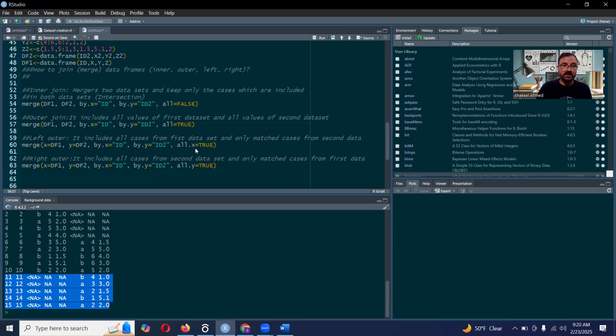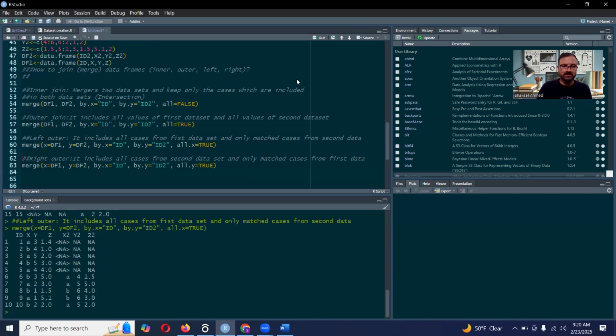So we can just write here all.x is equal to TRUE. x means the first data set. We are naming x is equal to df1, y is equal to df2, and then by.x is the ID for the first data set, and by.y is the ID for the second data set, and all.x is equal to TRUE. So you can see only 10 values.